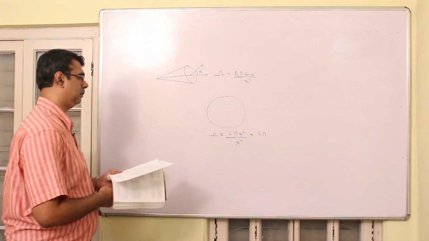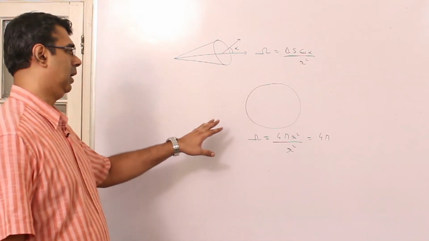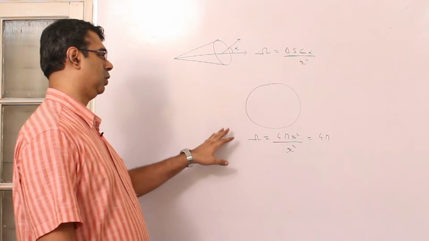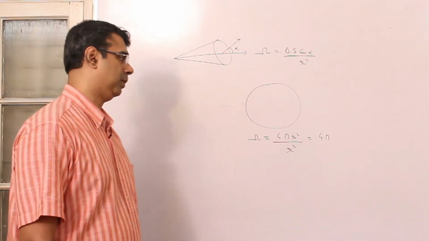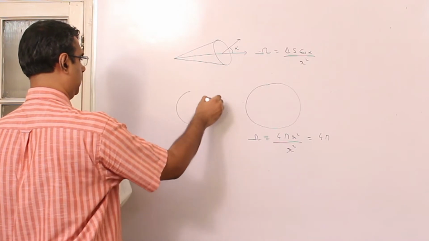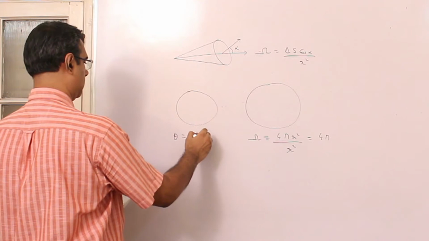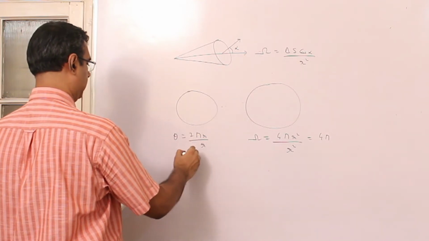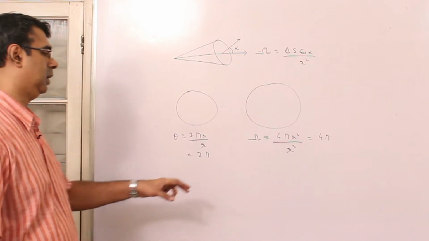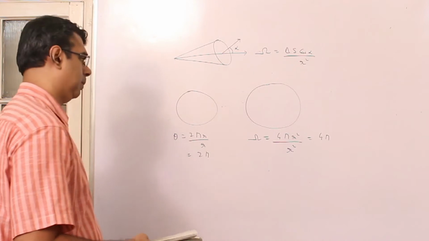So this is a very important result, that the total solid angle at the center or at any internal point of a closed surface is always 4 pi. Just like in the case of plane angle, the total angle at any internal point is always 2 pi. Similarly, the total solid angle at any internal point is always 4 pi, right?